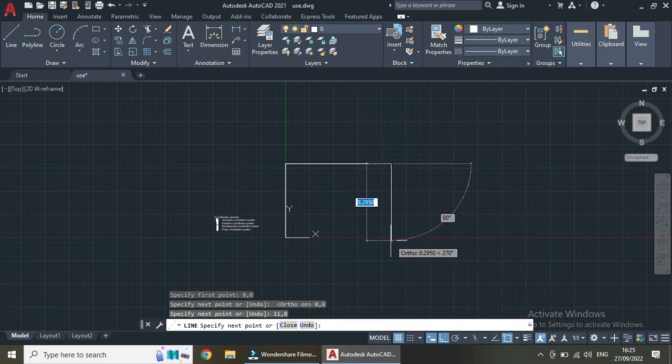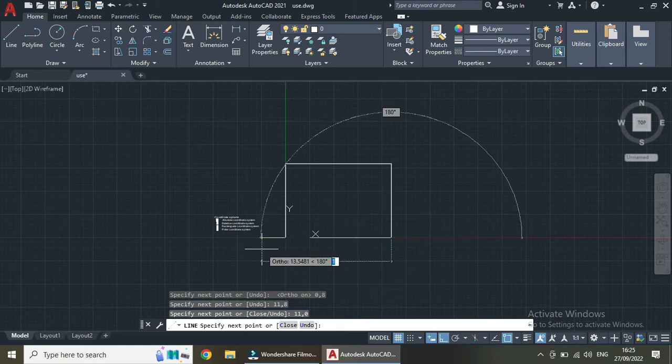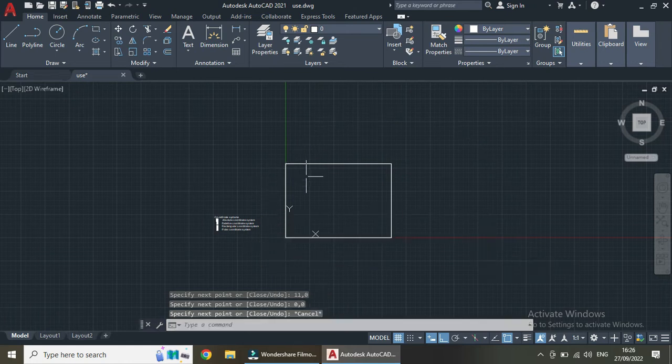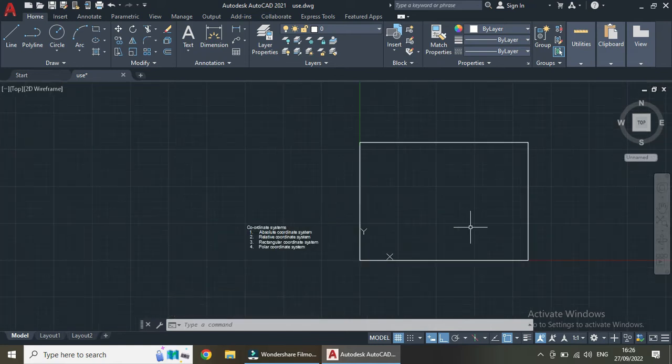So that is x, y. X is 11, y is 0. Enter. So now we have got this. So next another corner point we have to specify 0, 0. Enter. So we have formed a rectangle by using the absolute coordinate system.